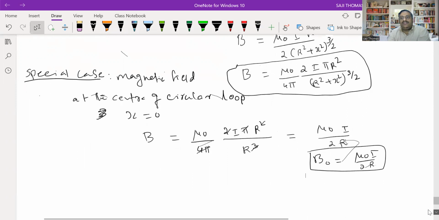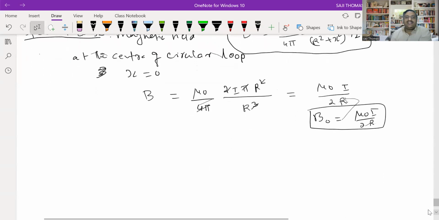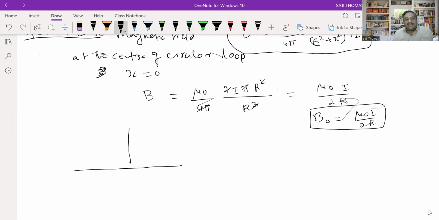If you plot the variation of magnetic field with the distance from the center, the graph will be like this. Take x along the x-axis, then magnetic field along the y-axis. At the center, the magnetic field is maximum. Then on both sides, it will decrease.